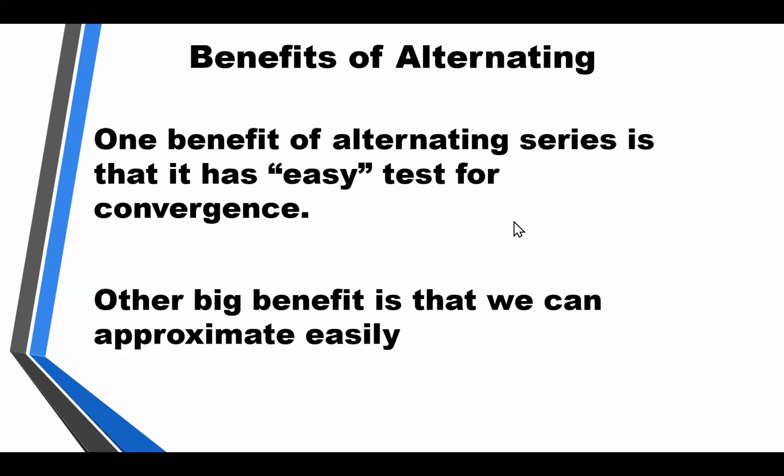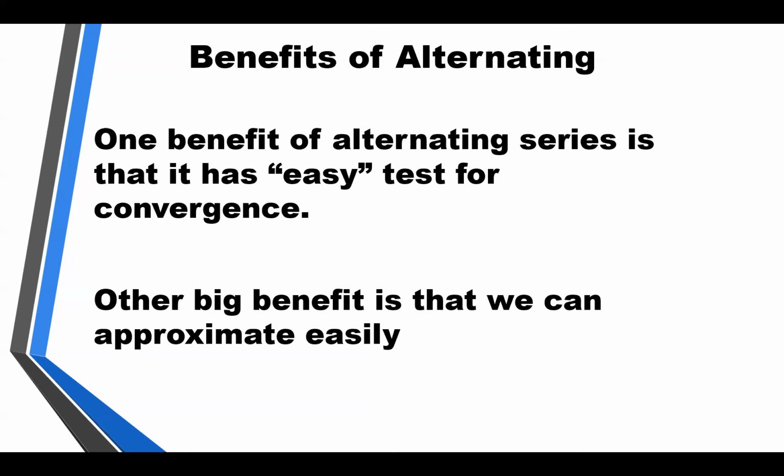Now, one of the benefits of alternating series is that alternating series have this really nice test for convergence. As long as the positive components of the terms are decreasing and limit is 0, then we're good to go.